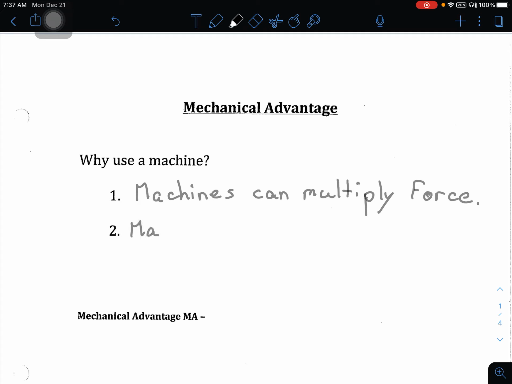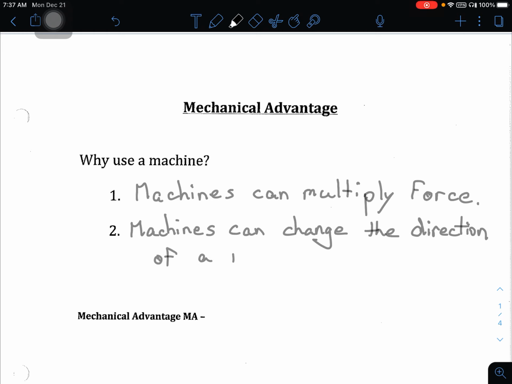And the other thing is machines can change the direction of a force.